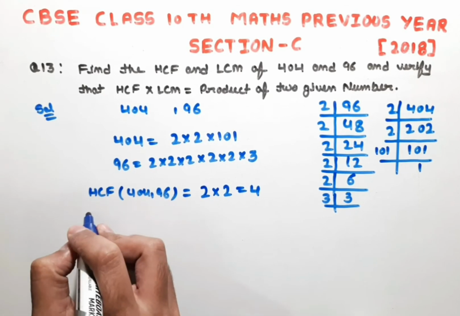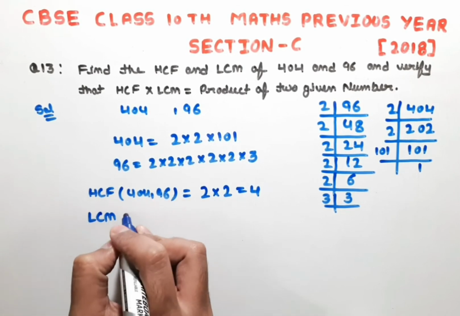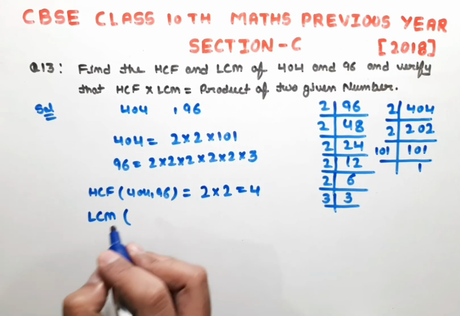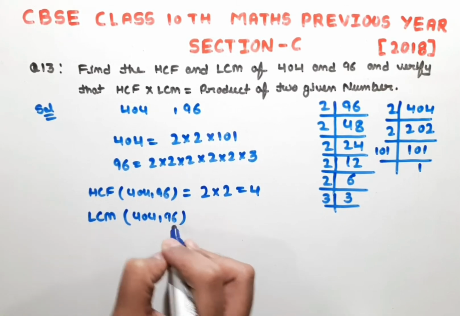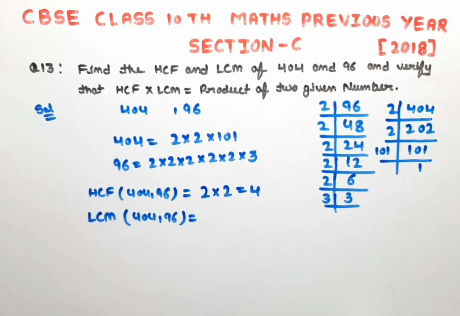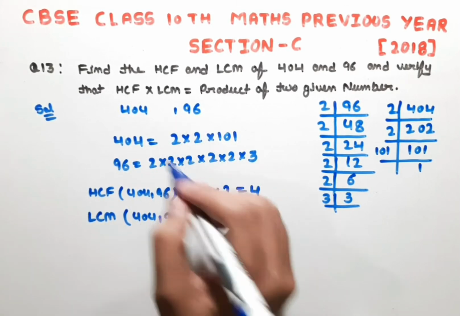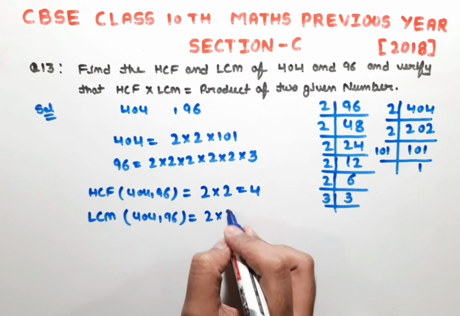Now the LCM of 404 and 96 will be, firstly we will take the common numbers, that is 2 and 2.